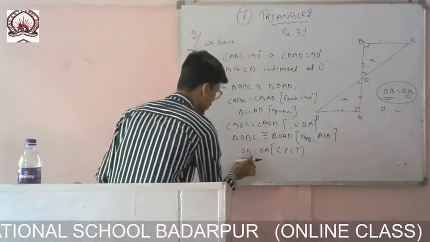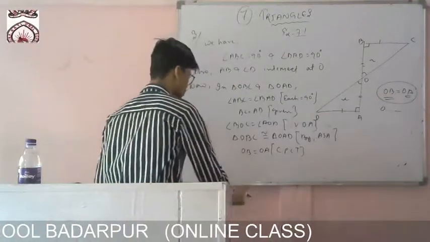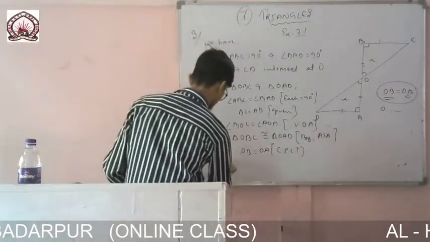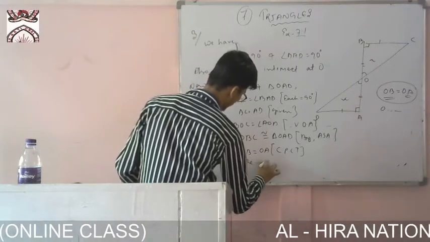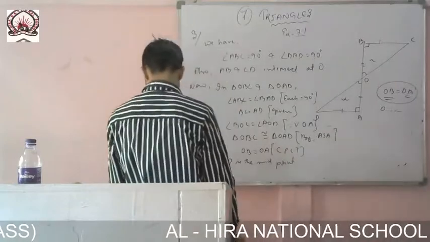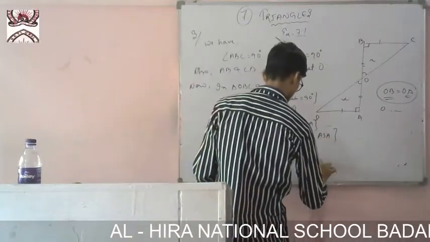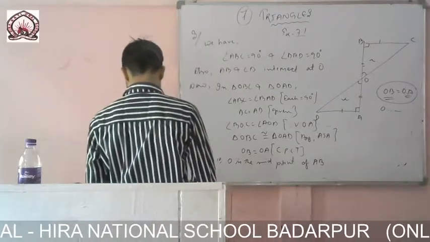So that means if OB equals OA, if these two are equal, that means O is the midpoint. So I can write that O is the midpoint of AB. If these two parts are equal, that means O is the midpoint of AB.